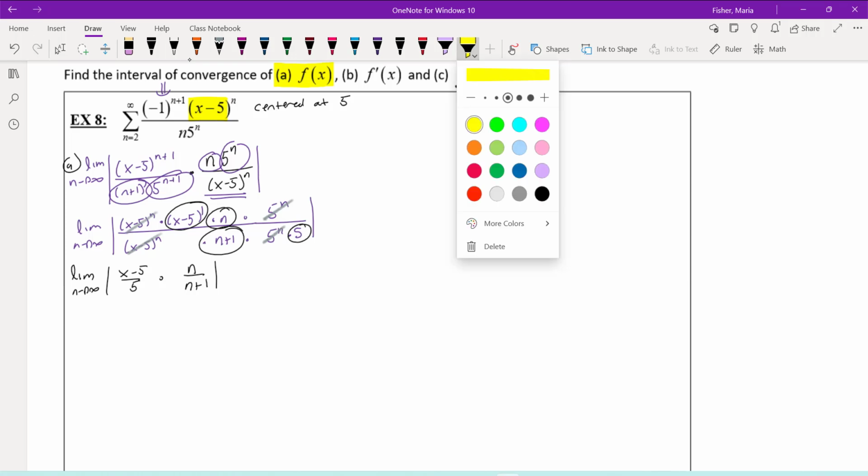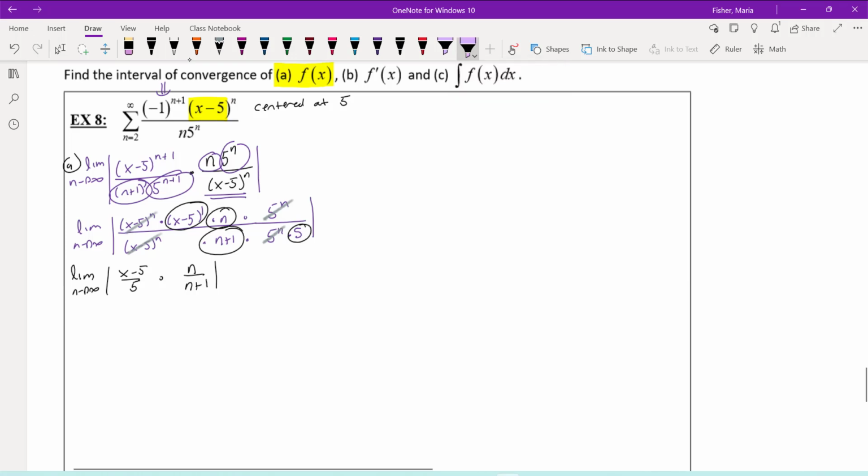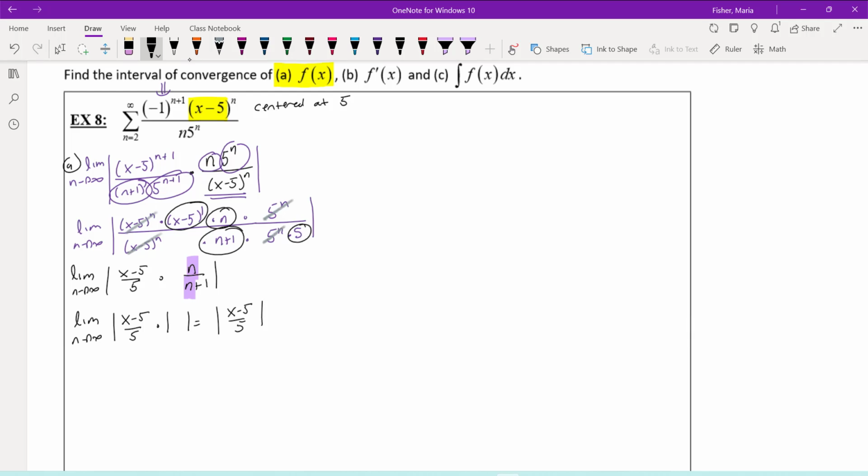Well, the n's are just n over n, and we know that that guy is going to reduce to 1. This ends up being the absolute value of x minus 5 over 5. Well, we ended up with an x, so I know I have to set this guy less than 1, solve that inequality, and then check my endpoints.